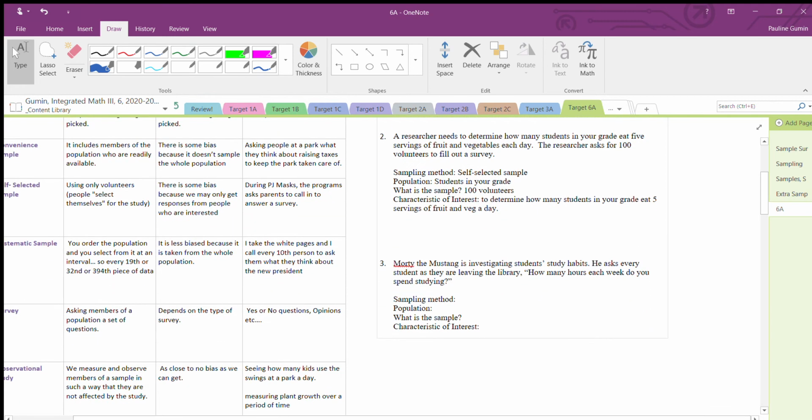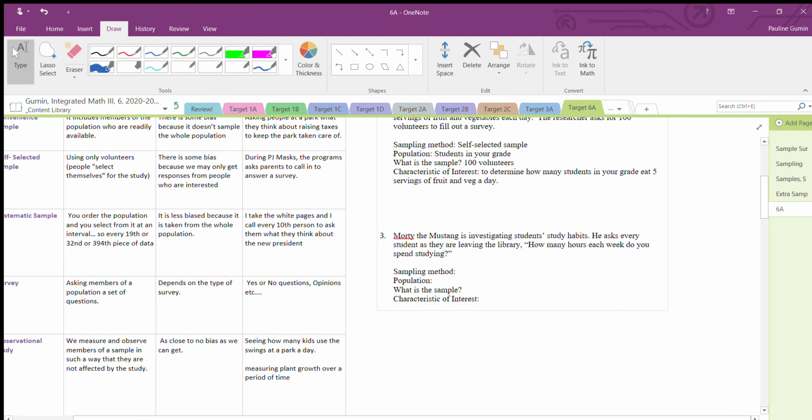One more example, we have Morty the Mustang is investigating students' study habits. He asks every student as they leave the library, how many hours each week do you spend studying? Sampling method. Well, Morty the Mustang wants to find out study habits, so what better place to go than the library?